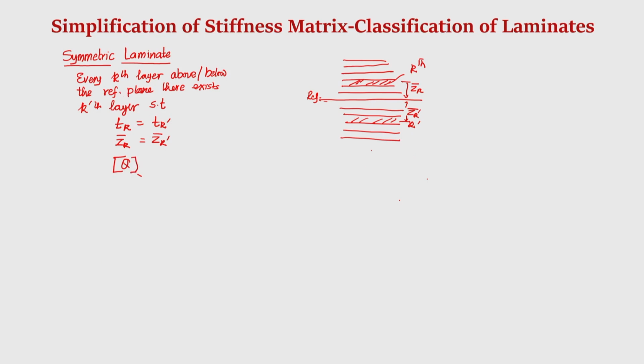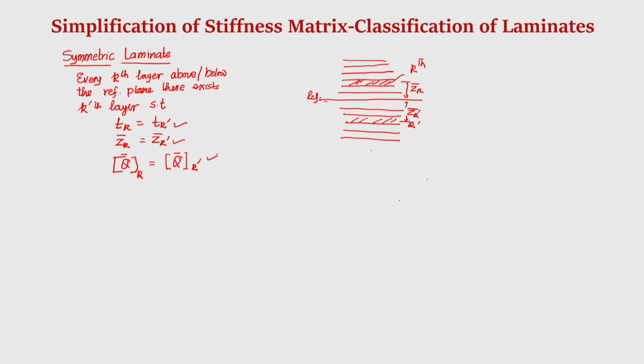A symmetric laminate is a laminate so constructed that for every kth layer above and below the reference plane there exists a k prime layer below or above the reference plane such that T k is equal to T k prime, that means they are of the same thickness, then z k bar is equal to z k prime bar, that means they maintain the same distance from the reference plane, one is above the reference plane, other is below the reference plane, and they have the same properties, that means q bar k is equal to q bar k prime.